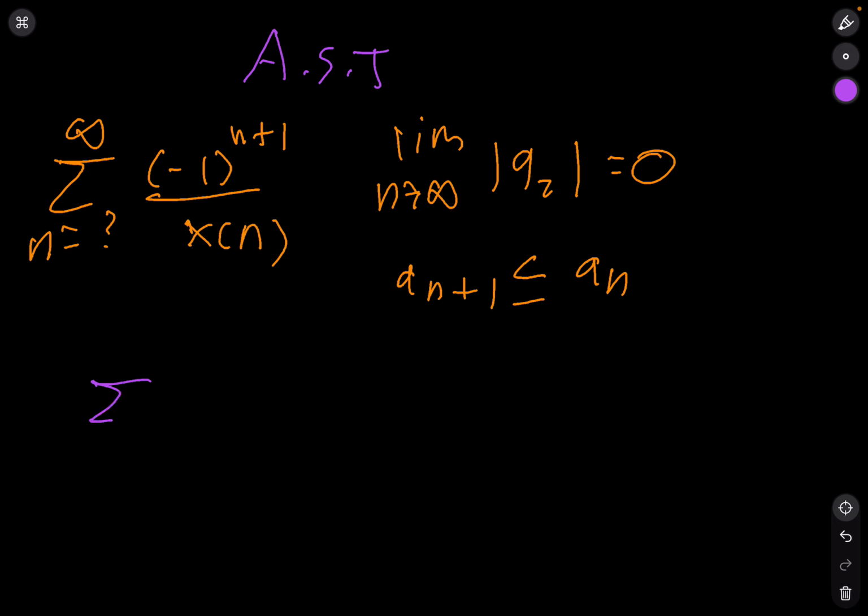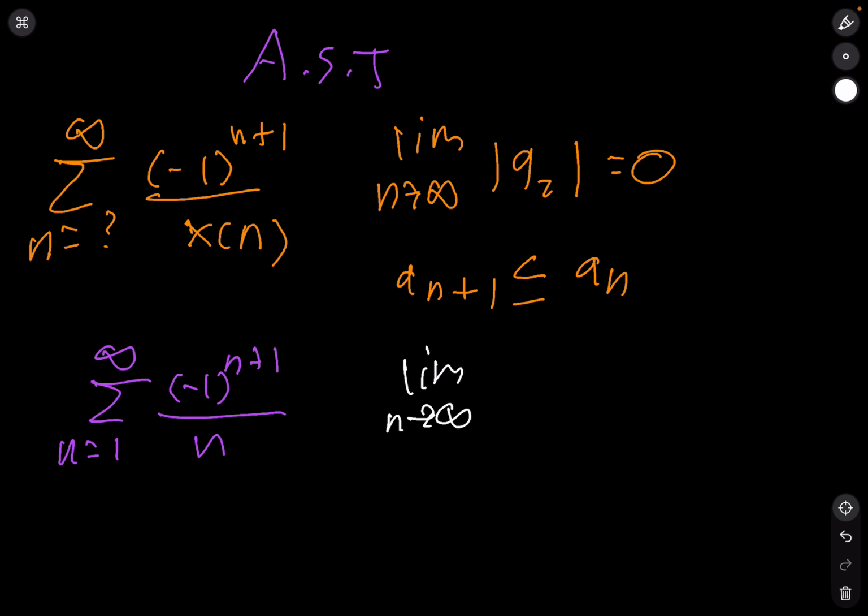Say we had the series of (-1) to the n plus 1 over n. So by using the rules that we have just stated, we take the limit as n approaches infinity. We take the absolute value of this. So we do 1 over n.